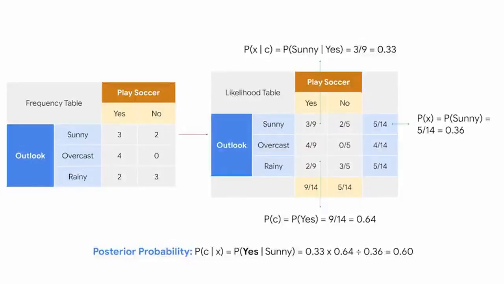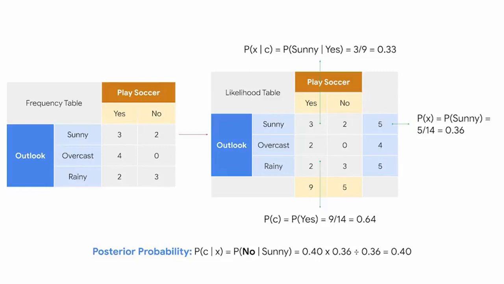When you repeat the process for the second class, don't play, you're only required to modify the calculations after finding the likelihood table. Observe that the posterior probability of playing while it is sunny is higher than the posterior probability of not playing. So if it's sunny outside, a naive Bayes model would predict that the conditions are right to play soccer. Later, you'll explore how multiple predictor variables can be used to make a prediction.